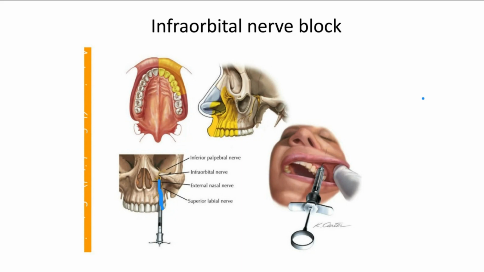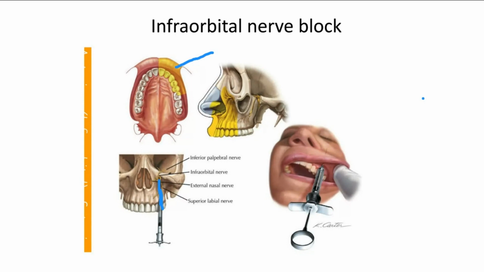So it will enter the infraorbital foramen, getting the infraorbital nerve itself. And the infraorbital nerve gives rise to ASA and MSA. So look at this territory right here. Isn't this ASA and MSA combined? Yes.